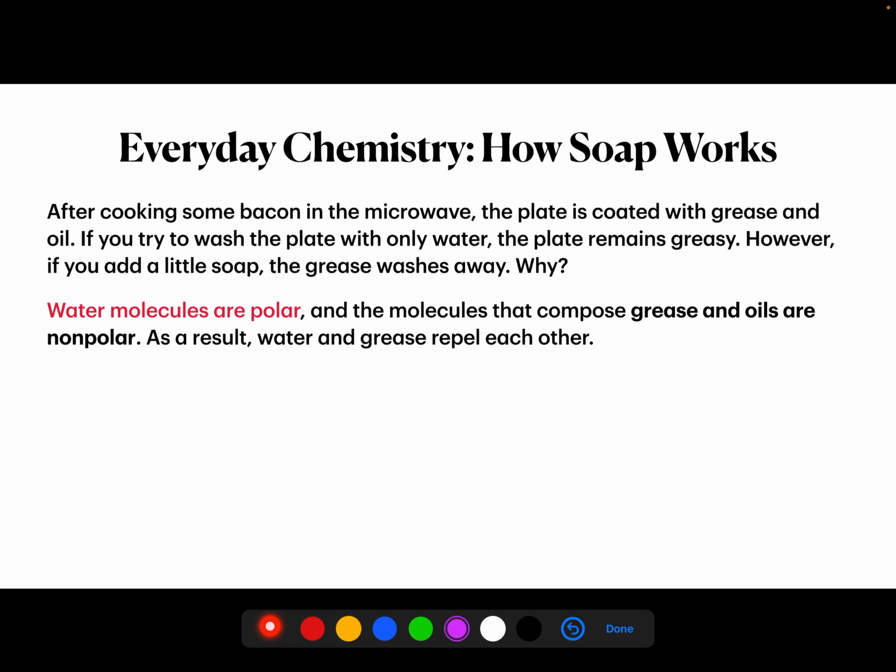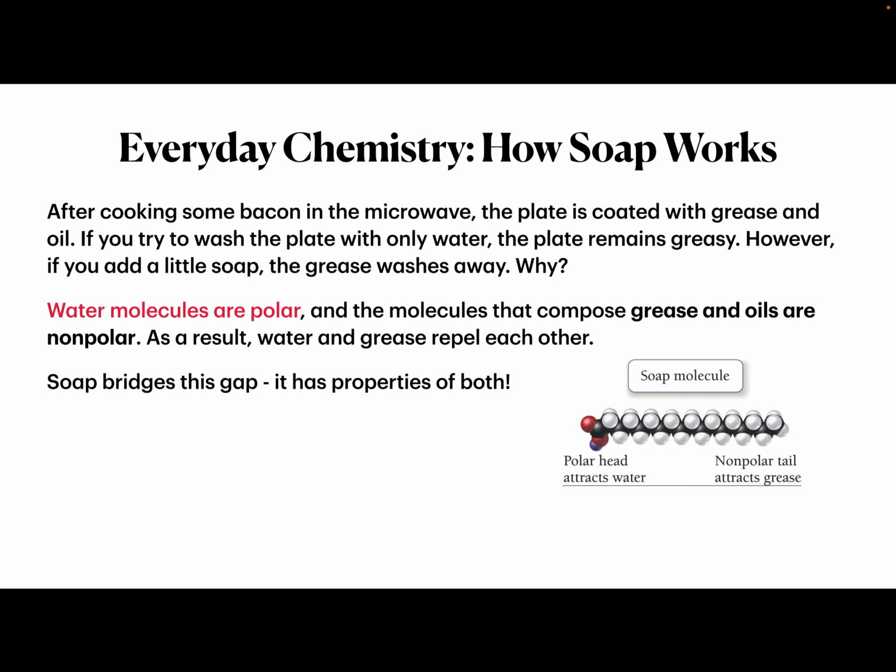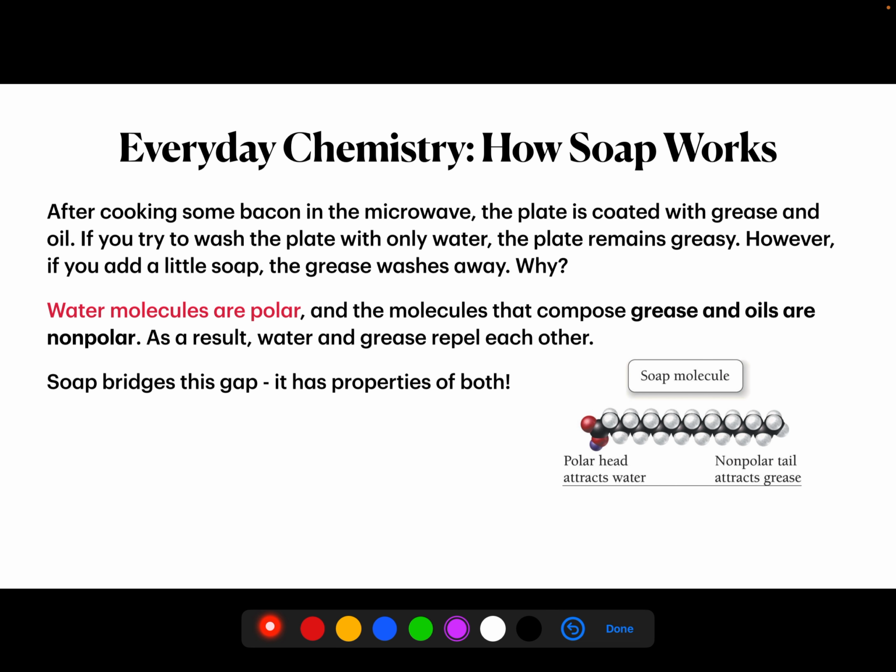Why is that? Well, water molecules are polar, and the molecules that compose grease and oils are nonpolar, so the water and the grease repel each other. But soap bridges that gap by being a molecule that has both properties.